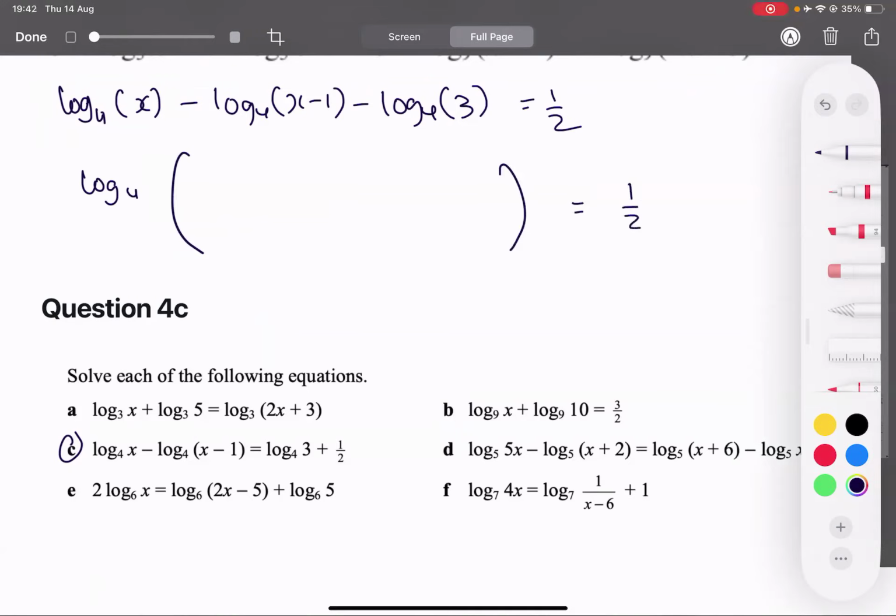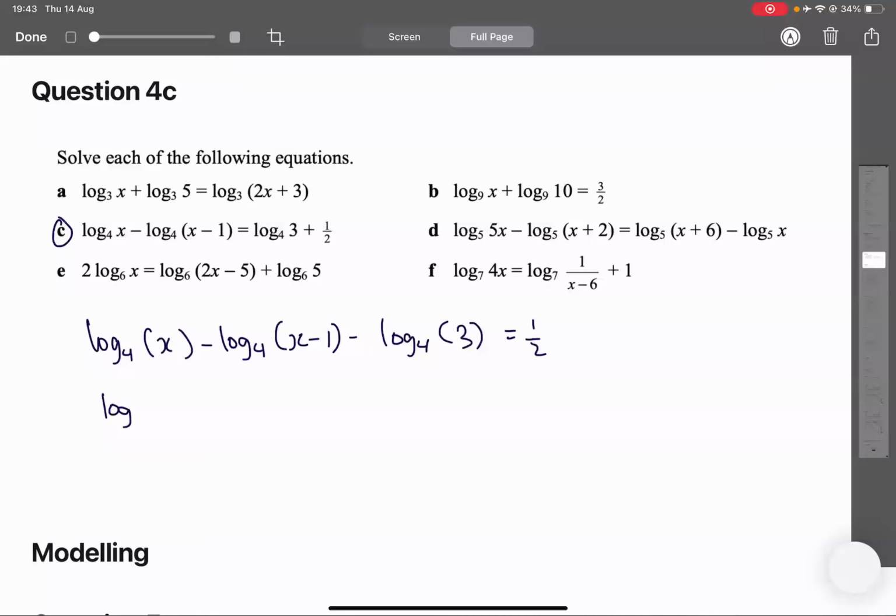Um, x over, no, x minus, we know x over x minus 1 minus 3. Times 3. Oh, yeah. Hey, can you hear me? Yeah. So this is really important.